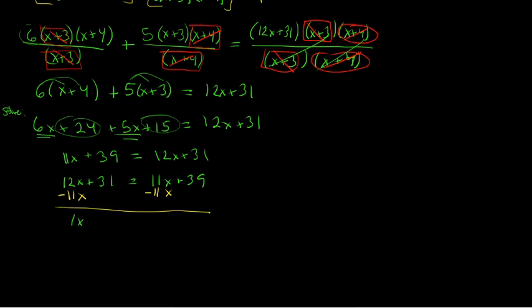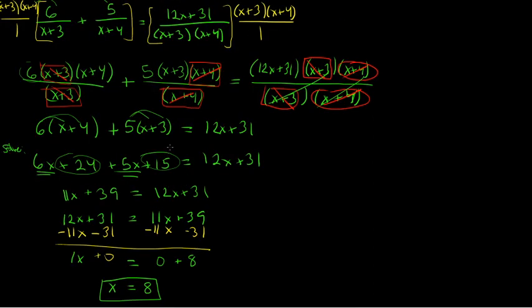And I can subtract the 31 from both sides. So that leaves 0 here. And then on the right side, 11x minus 11x is 0. 39 minus 31 is 8. So we have 1x plus 0, which is just x, equals 0 plus 8 is 8. Well, that better be the solution, right? I think that's the answer.